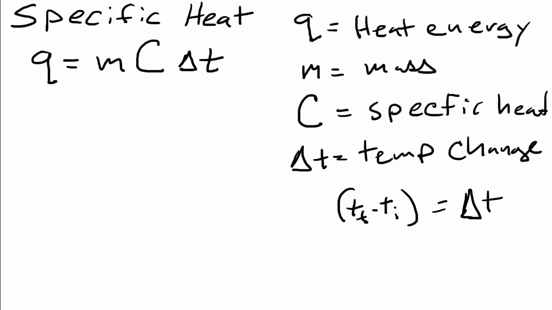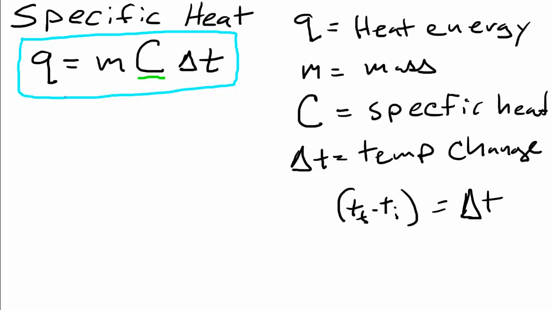So basically, specific heat itself is this capital C, and it's the amount of energy that's required to raise the temperature of some mass of material 1 degree Celsius. So that's kind of how all these things are related to each other. Since you have your formula, really the rest of this video boils down to me showing you examples of how you would resolve that for one of those terms, plug in numbers and get your final answer.